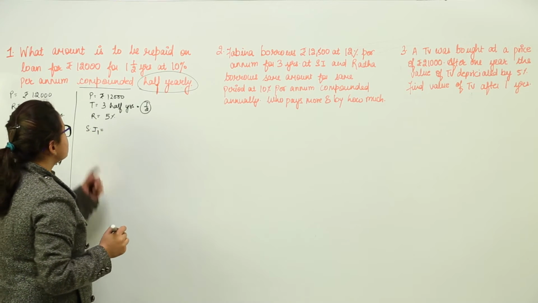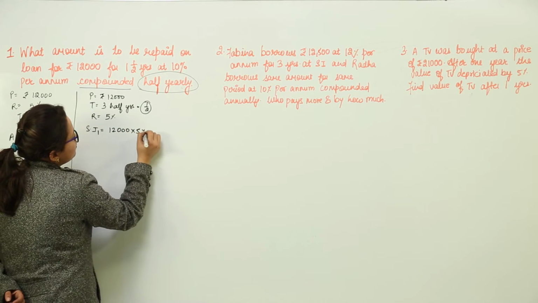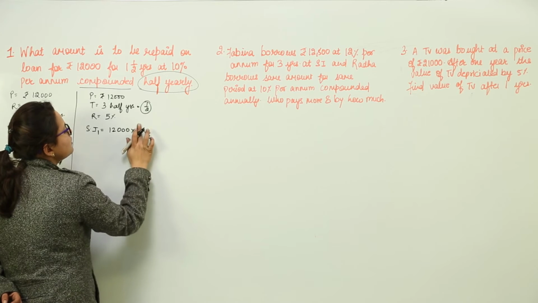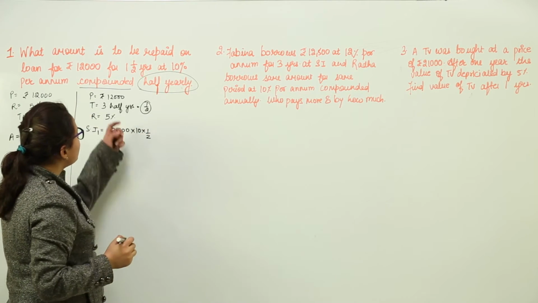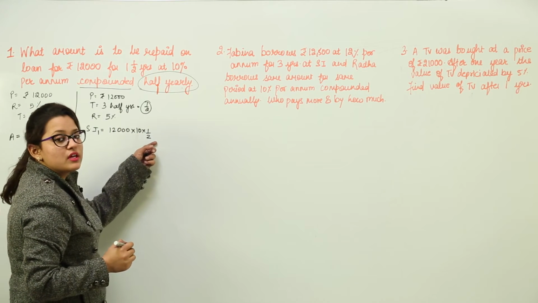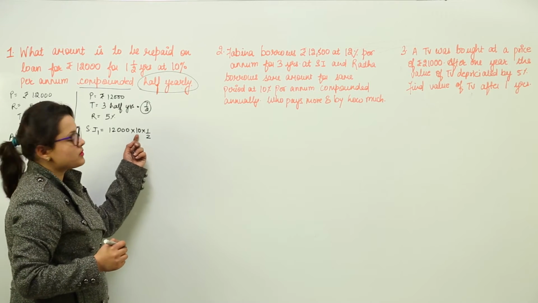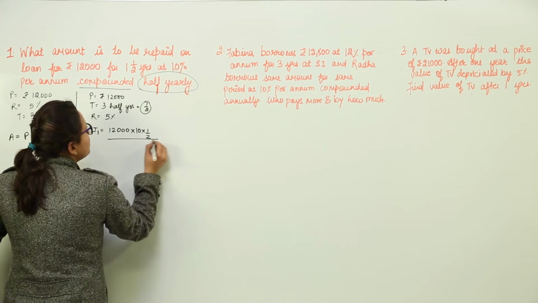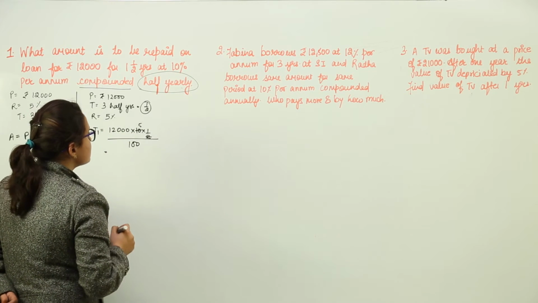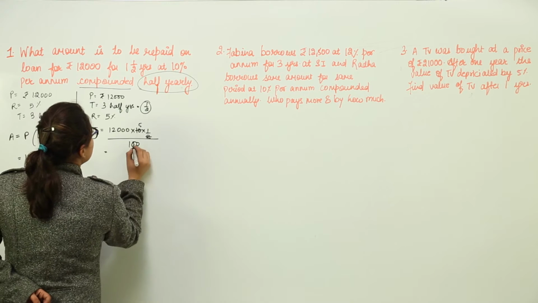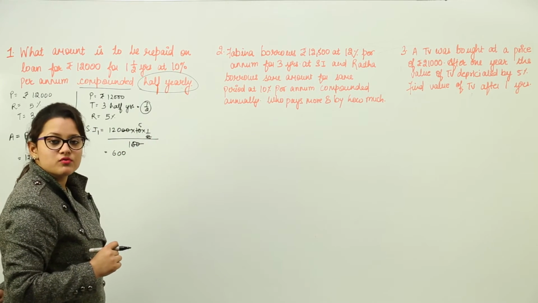For the first year, the simple interest would be 12,000 into 5 into 1/2, or you don't need to write 5 here. Why? Because I am already making the time period half. If I am not making the time period half, I can make the rate 5%. That depends. All upon 100. Now over here the rate has already reduced to 5. So this solves to 600 because these zeros get cancelled. We get 600 as the interest for the first year.